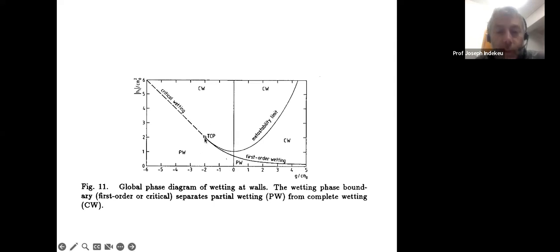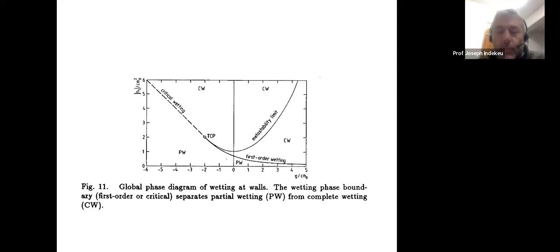It's a very interesting point, but very hard to get to experimentally because it's so delicately tuned that you are bound to miss it. If you undergo wetting, you'll either do it here somewhere or here somewhere, and rarely or never exactly at that particular place.